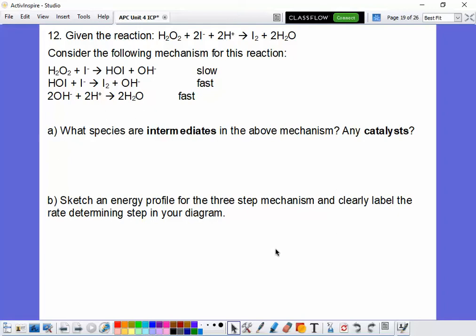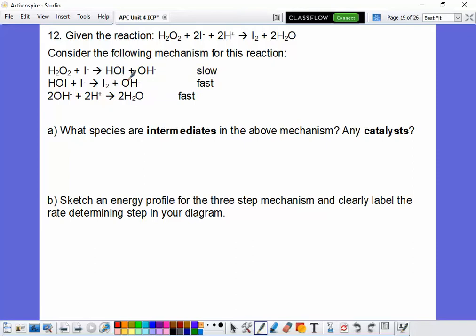Okay? But first what happens is one of the H2O2 molecules reacts with one of the I minus ions. So that's my first step. And that forms this compound HOI plus OH minus. And then that HOI that formed in the first step collides with the other I minus ion, forming I2 and OH minus.